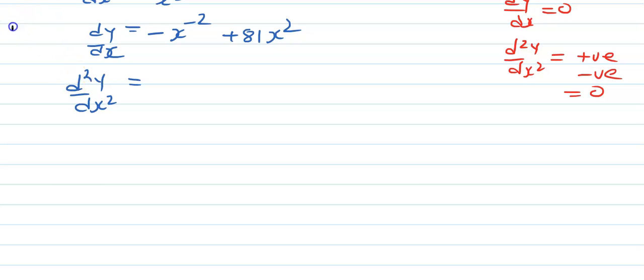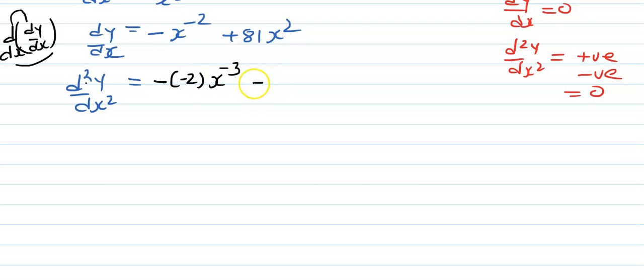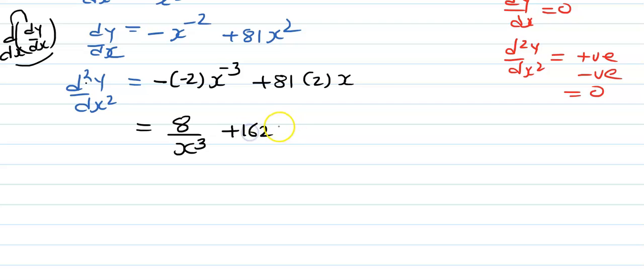If you do d over dx of dy over dx again, the d and d become d2y, and dx becomes dx square. Minus 2 is coming forward, and it is minus 3, and 81 times 2 is coming forward, and it is x. So we got 2 over x3 plus 162x. Everybody is okay with this step?